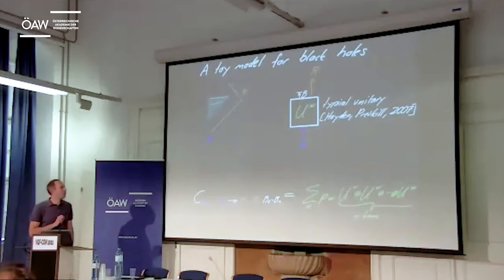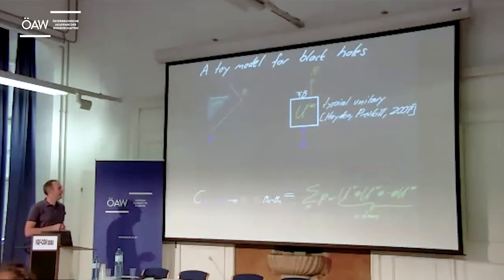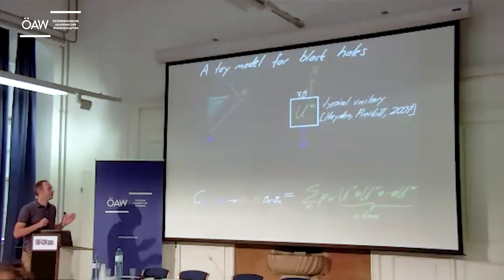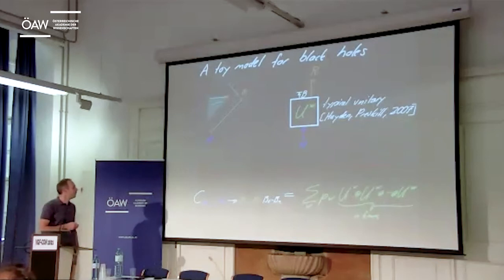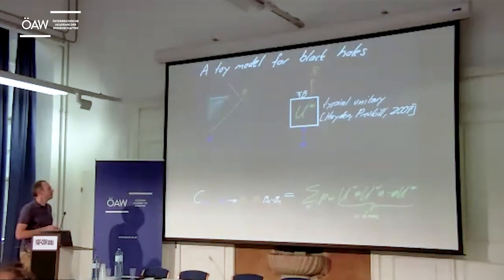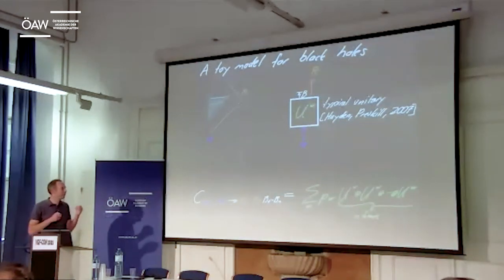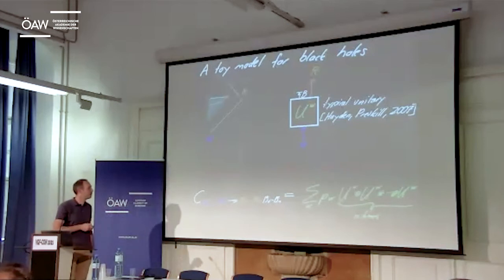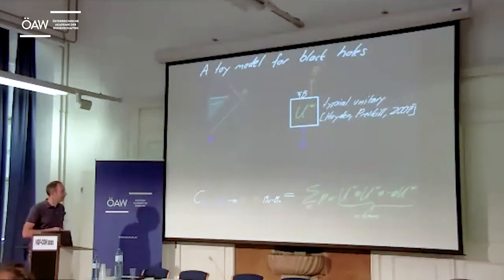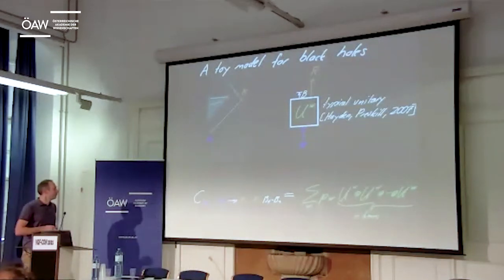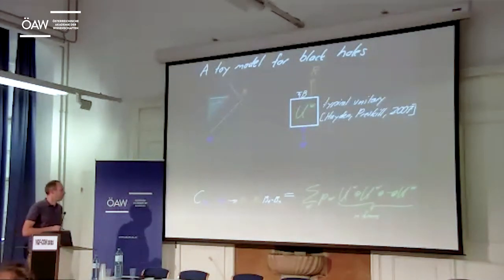Now I make a small modification to this toy model. Hayden and Preskill said the unitary is known. It's just a typical one, but we know which one it is. Now I look at a different model. Let's suppose U is really random. So we don't know the unitary because we don't know how a black hole behaves internally, and I will come back to that. It's random and unknown. Now, what does this mean in terms of a completely positive map?